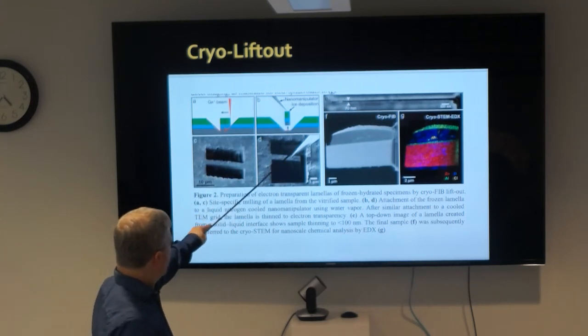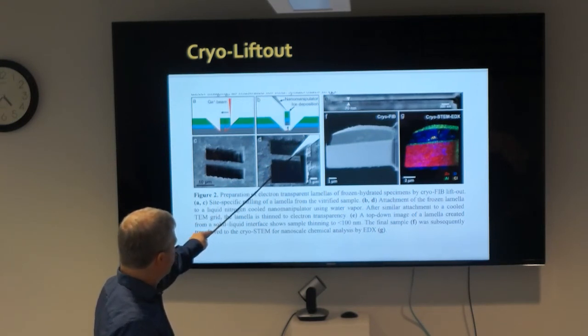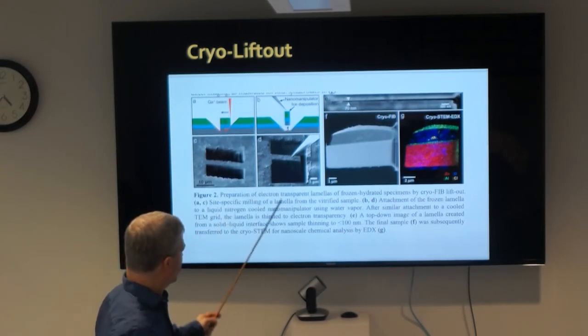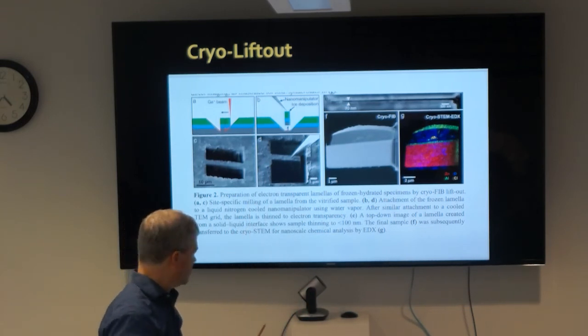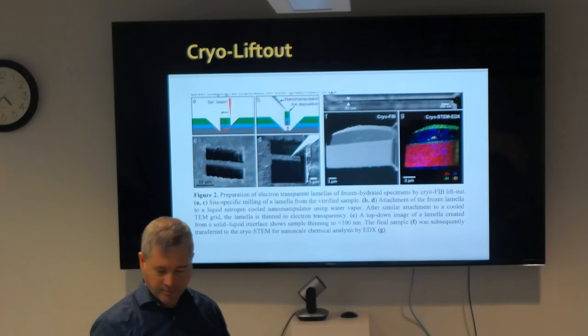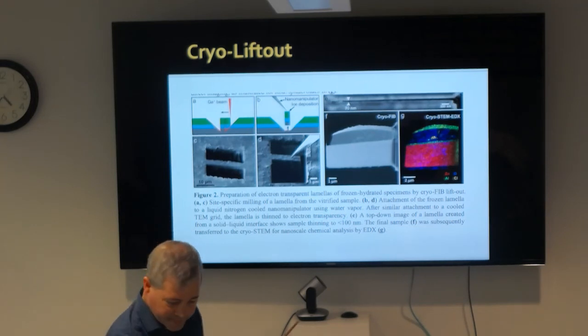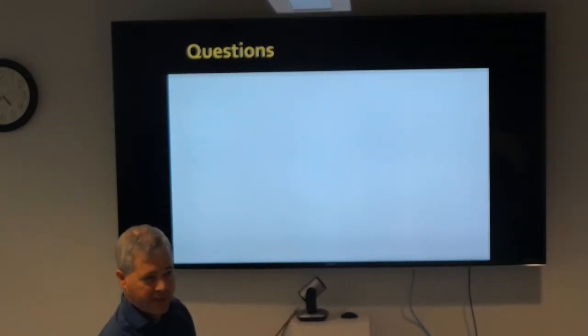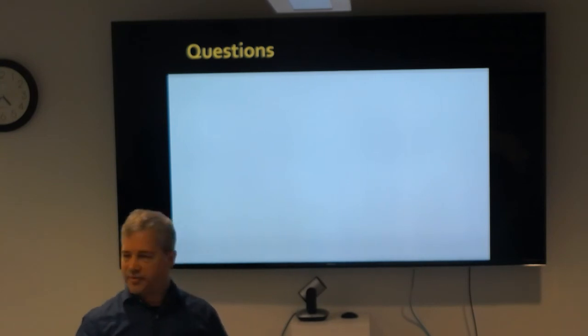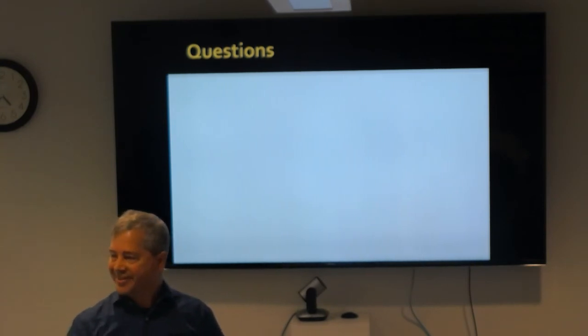They used water ice to glue it onto the micro manipulator, and then move it onto a grid. And that's all I have to say about this today.